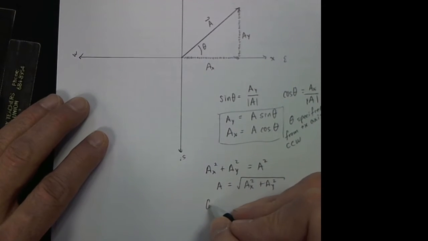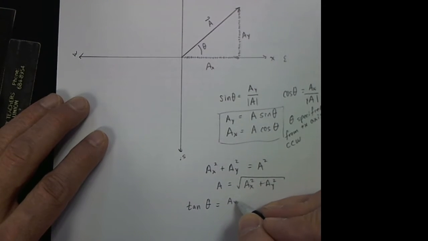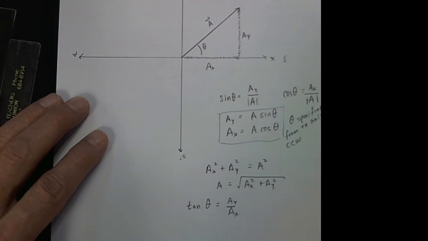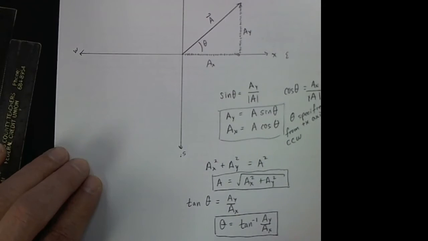And the angle theta has a tangent of A sub Y over A sub X. That's the definition of the tangent. Therefore, theta will equal the inverse tangent, or arctangent as some books call it, of A sub Y over A sub X. So these two equations will help you reconstitute any vector if you know its components. Okay, so there's your notes.